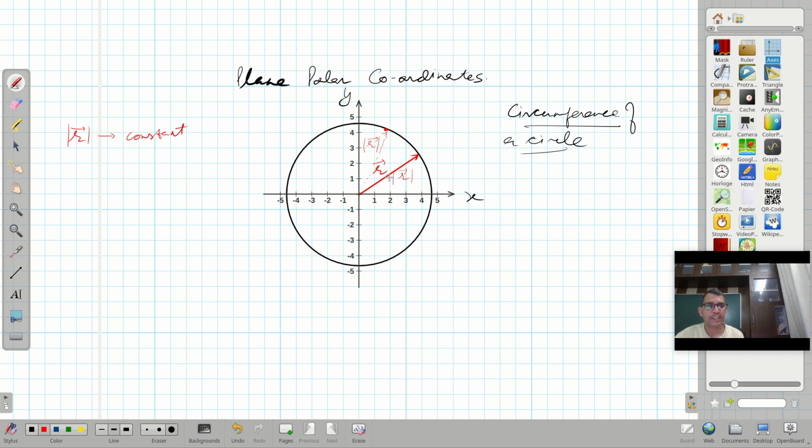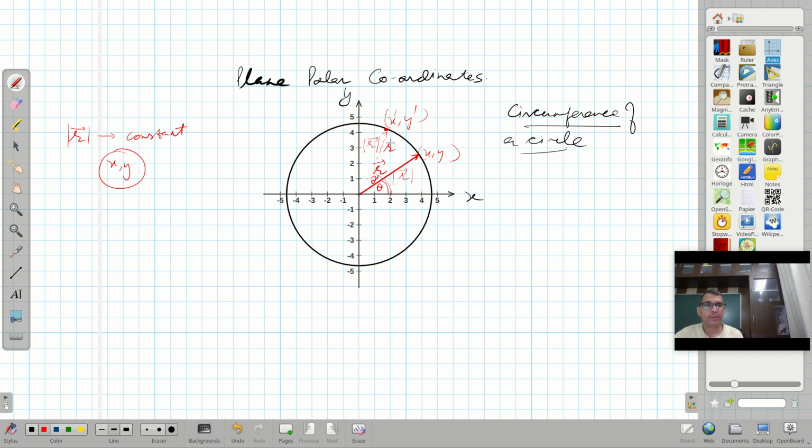What is changing? It is the angle which keeps on changing. Initially theta is this angle, and after that theta changes to theta prime. So rather than considering both x and y, because this is the position of x and y for this, if the body is at t equal to 0, and after some time it reaches this point.